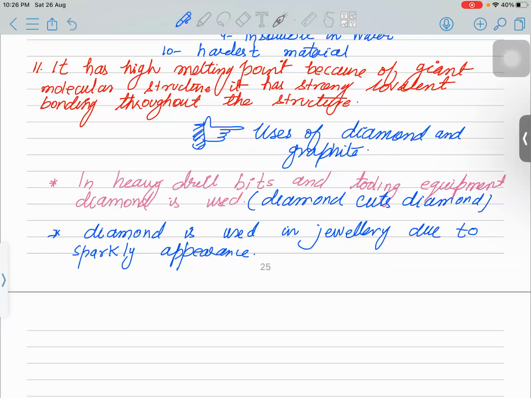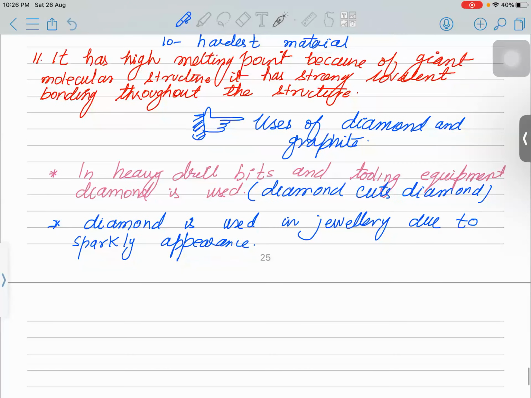Any question regarding uses of diamond and graphite? Graphite is used in pencils.